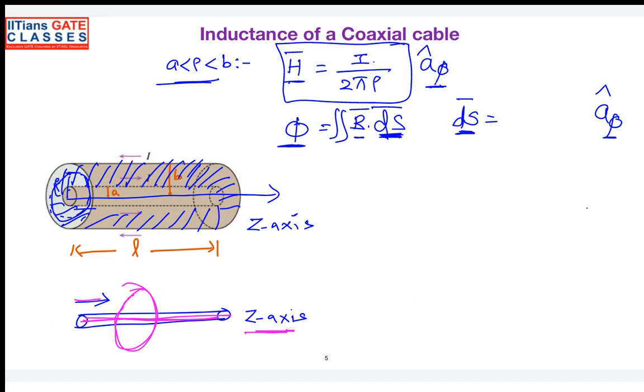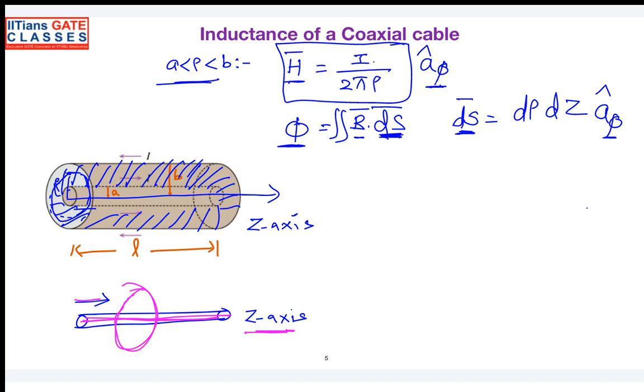It will be rho and dz. So what are the scaling factors? It will be 1. So the surface will be d rho into dz. No factor, right?